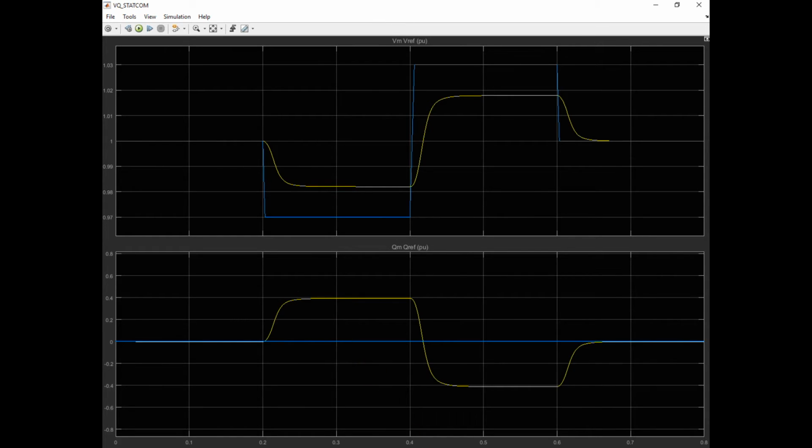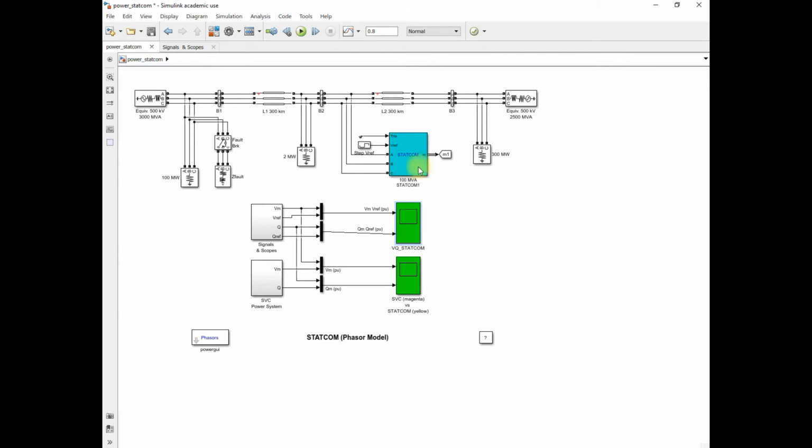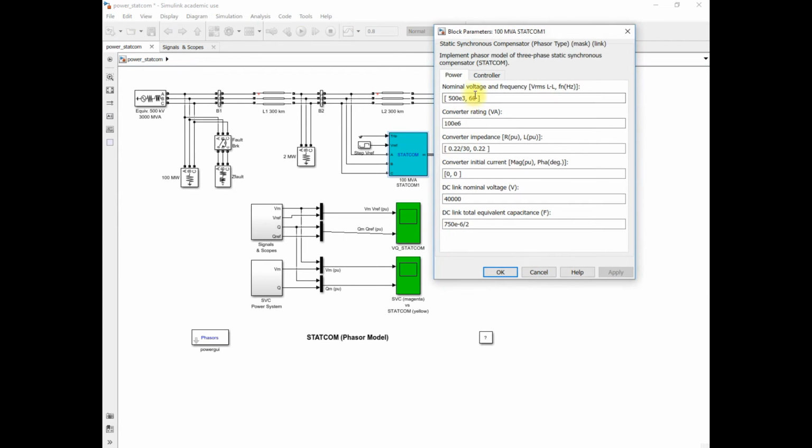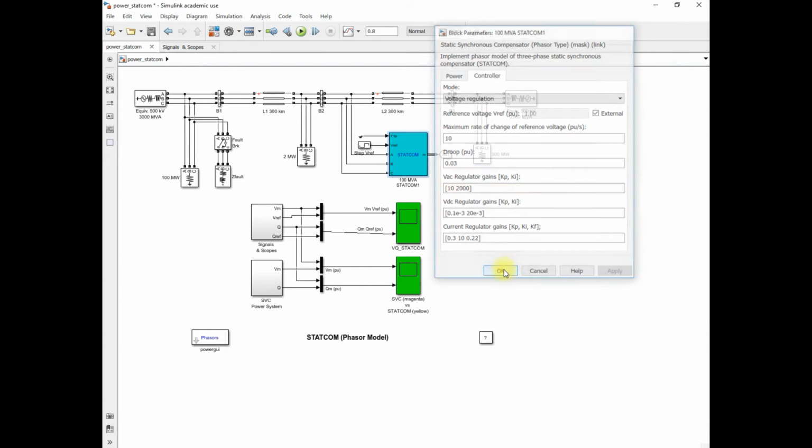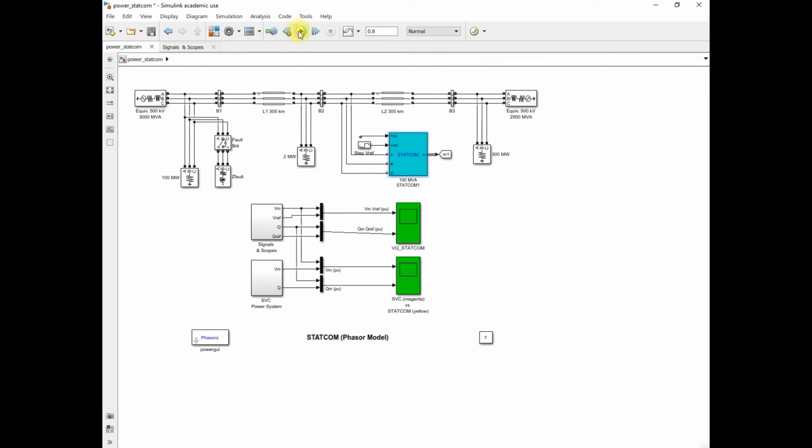Let's observe this effect. Let's change the AC gain of this STATCOM controller. Suppose I double this gain: proportional gain from 5 to 10, and the integral gain 2000, and set the value, and now we run the simulation.